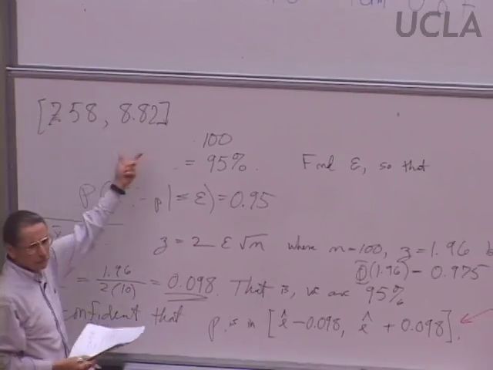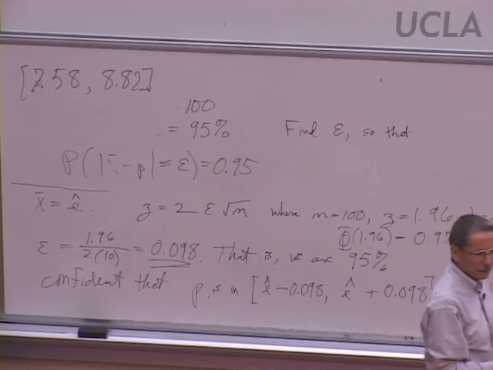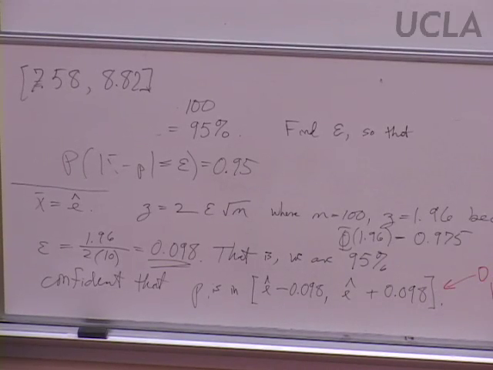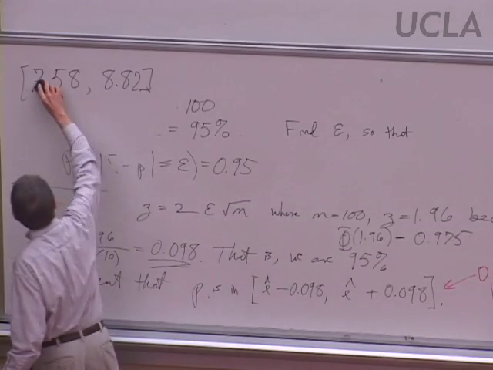An interval centered at our sample mean, 8.2, and we're 95% sure that the mean measurement is in this interval.